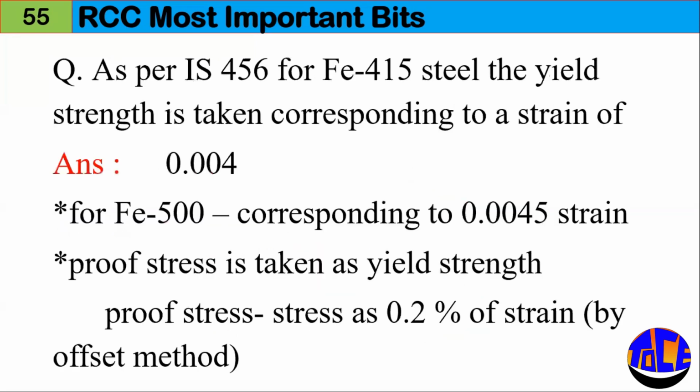Question number 55. As per IS 456, for Fe 415 steel, the yield strength is taken corresponding to a strain of 0.004.